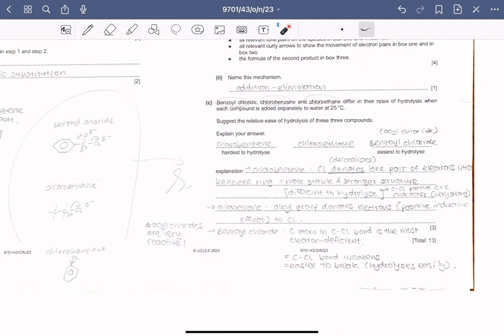And finally for the benzoyl chloride, we all know that all acyl chlorides are very reactive in nature, and so it is the easiest to hydrolyze, because the C atom in the C-Cl bond is the most electron deficient, with this going here and another going here. And so the electron density on the C atom is very low, and so the C-Cl bond weakens and is easier to break and hydrolyzes easily.